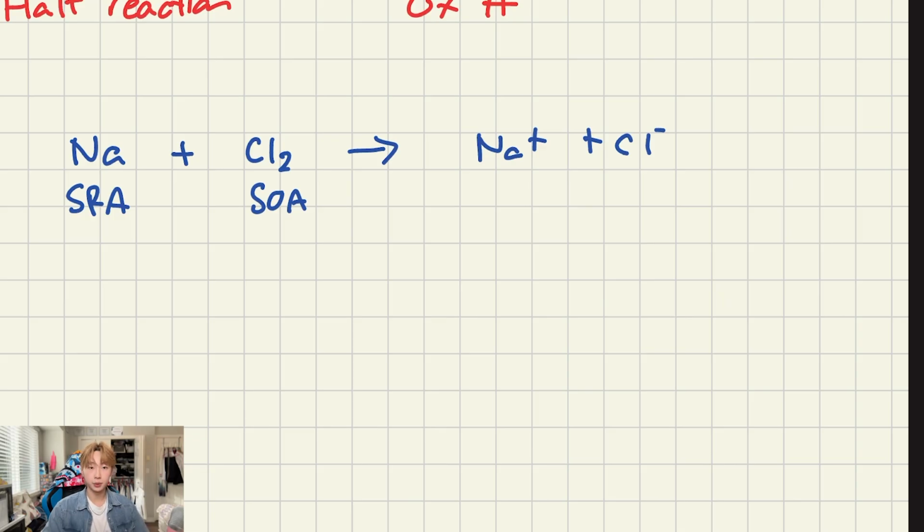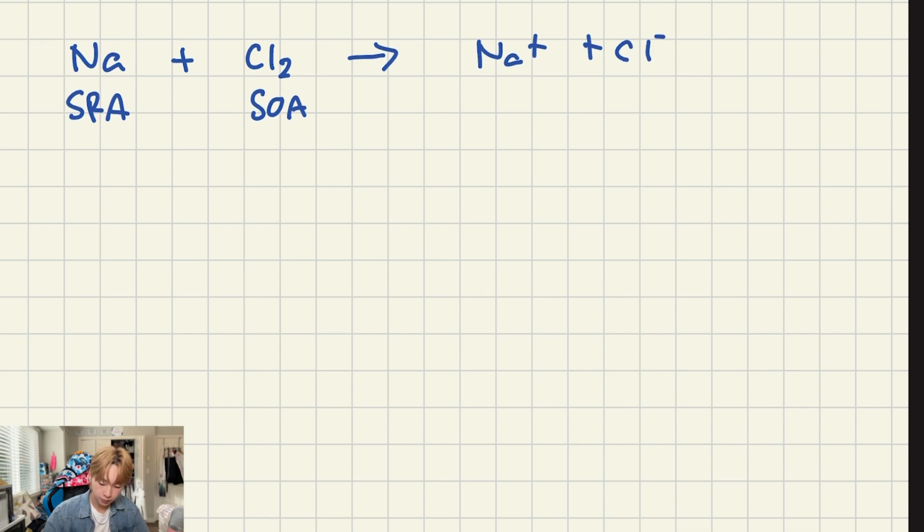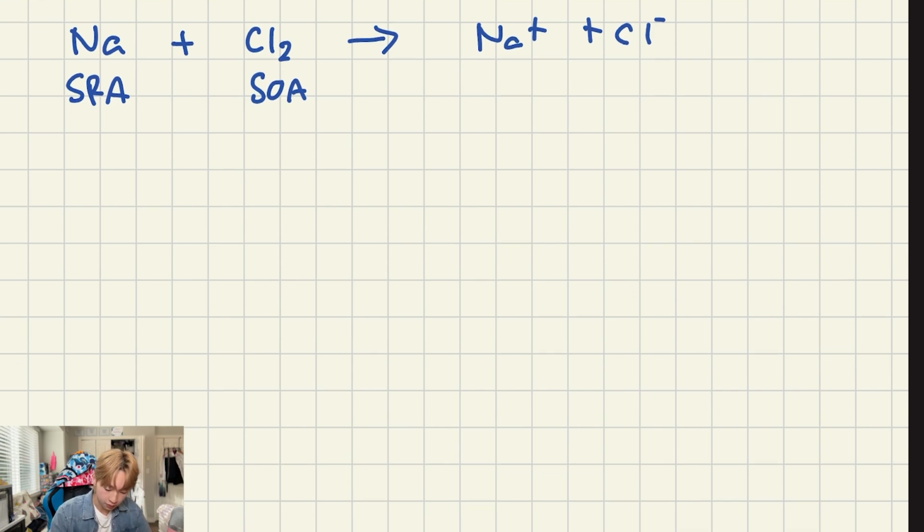We're going to write down both the reduction and oxidation half reactions. And how we do this is we look at our table and we find these 2 agents here. Otherwise, we'll have to construct our own half reaction like we did earlier. So let's look for the 2 half reactions.